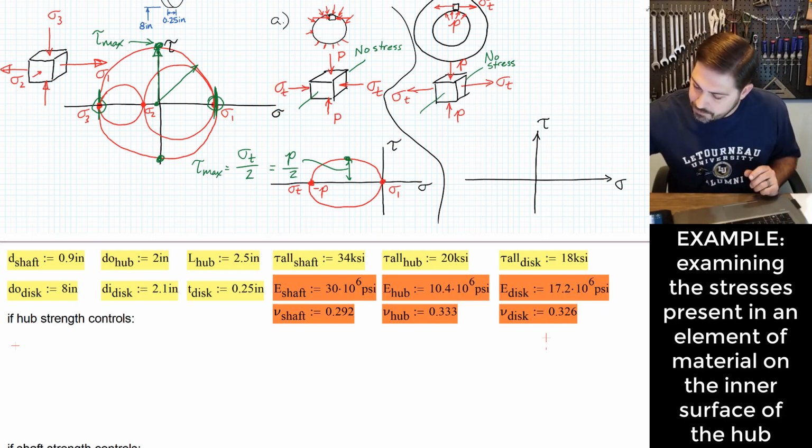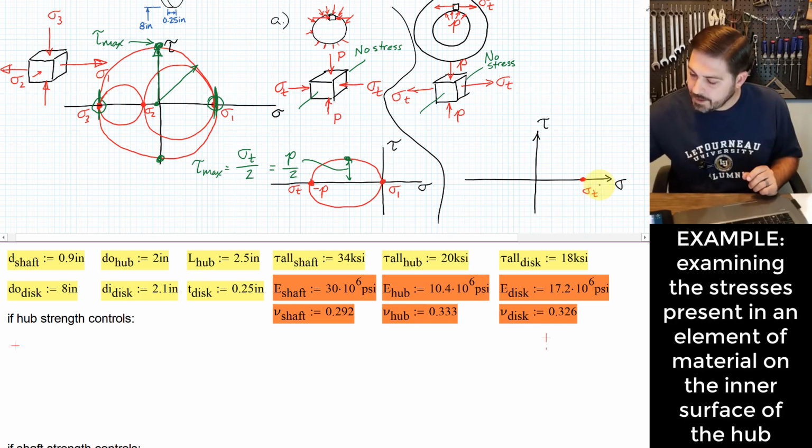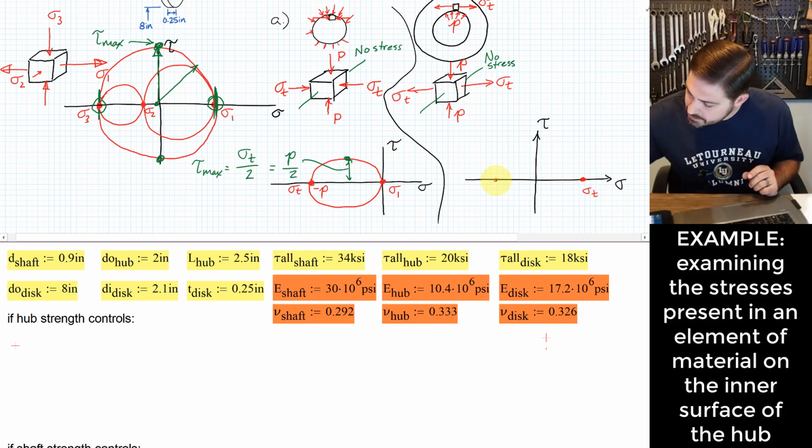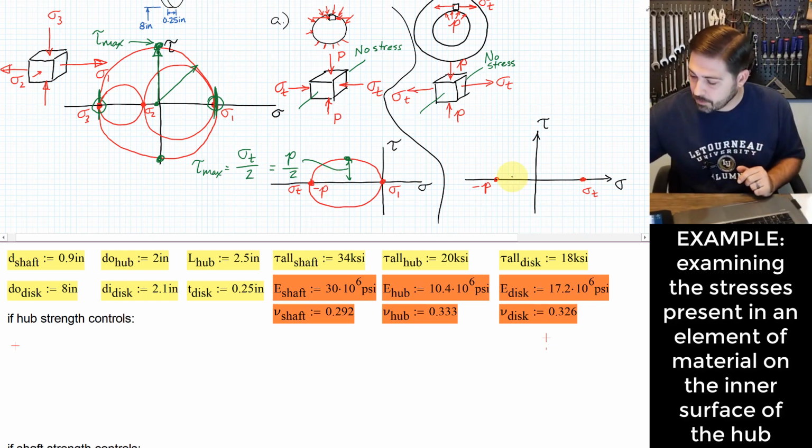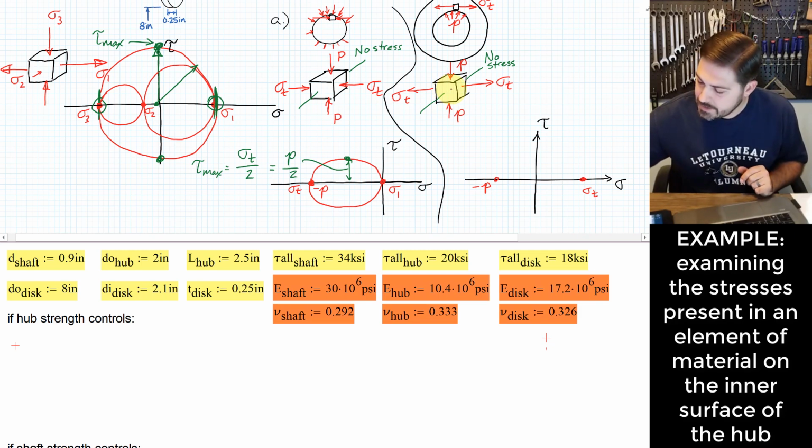And so if I draw this, I end up with a sigma t as a tensile stress over here. I have a P, right? And again, to make this really technically correct, I would put minus P, just like I did before, because P is always a positive number, but I want to indicate that that's a negative stress because it's a compressive stress.